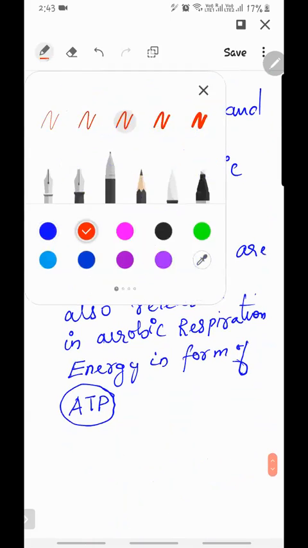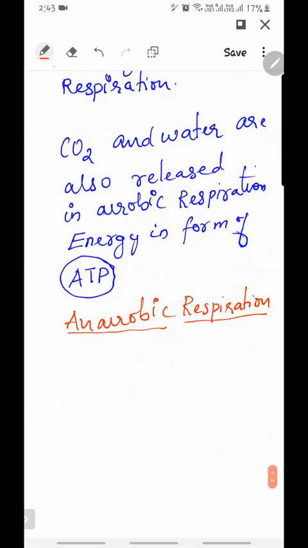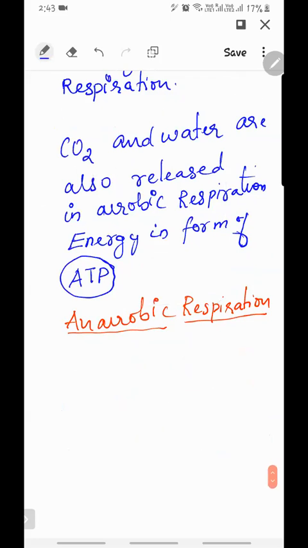We'll see about anaerobic. Anaerobic respiration takes place in the absence of oxygen. That is the first thing.